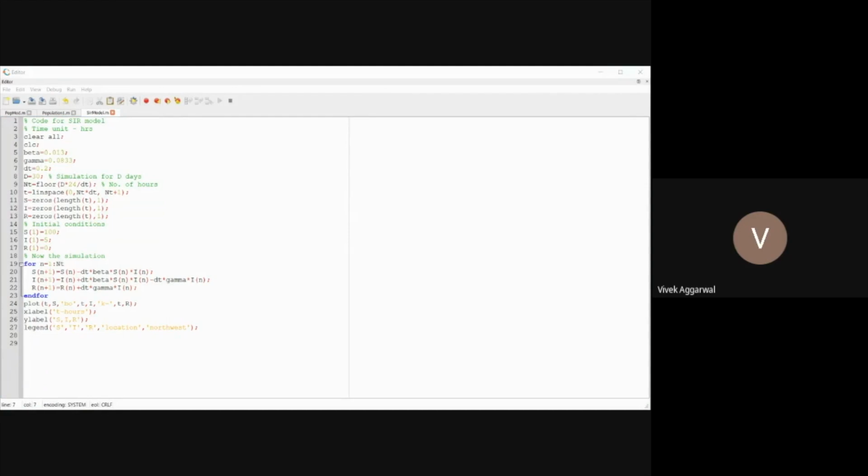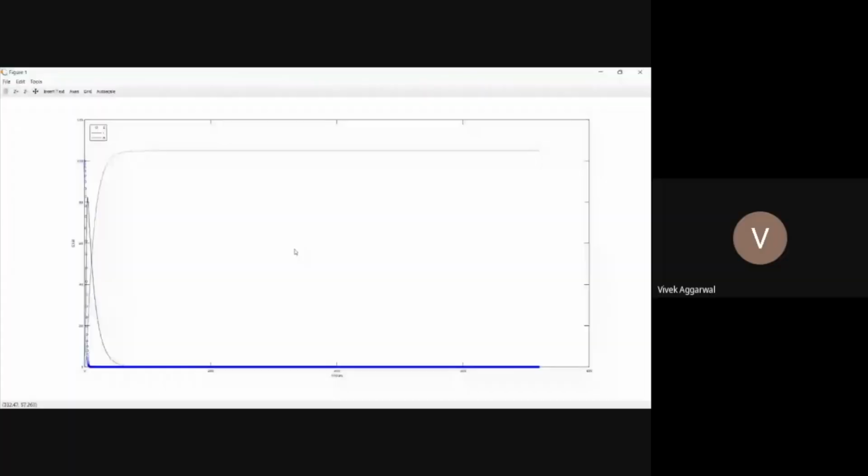So let's see what the graph is for this one. So this is the graph for that. Now we can see that I have changed the factors. Because the beta and gamma are high numbers I have taken, just abstract, it is not related to the real values of beta and gamma.